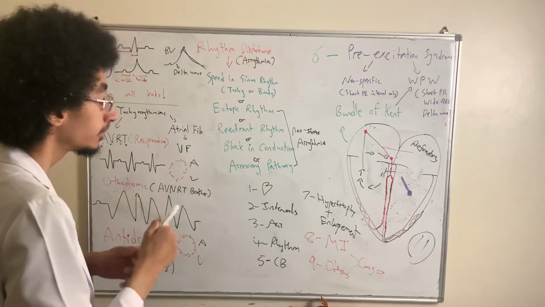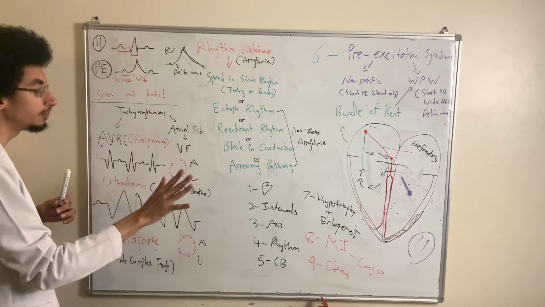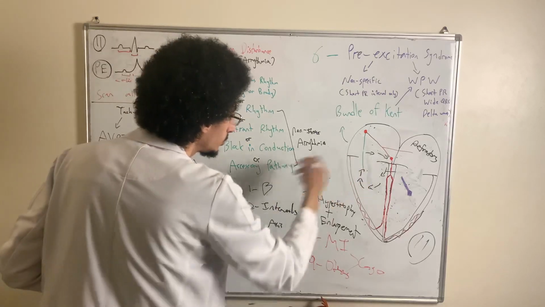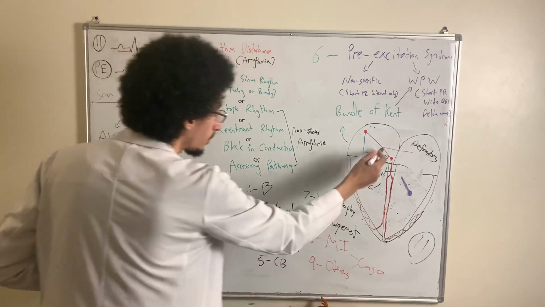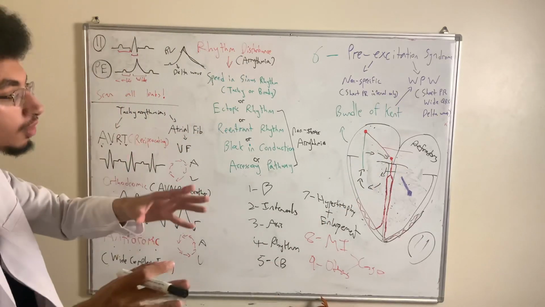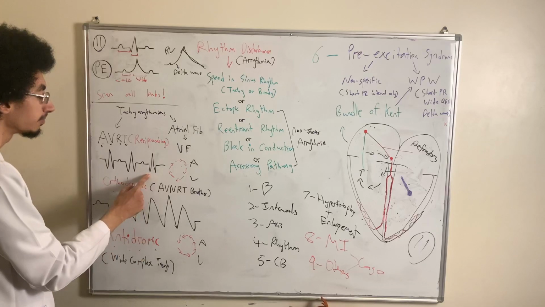And thus, it will give us the appearance of a narrow QRS complex with no P wave, because there's not going to be a depolarization of the right and the left atrium the normal way. If there is a depolarization of the atrium, it is hidden. You will not see it.